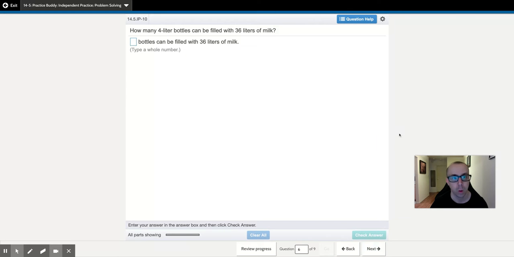How many 4-liter bottles can be filled with 36 liters of milk? Let's say this one was 3 liters. Let's say it's 4 liters. I want to fill 36 liters into the 4-liter containers.